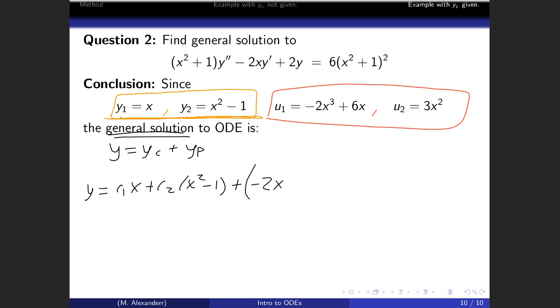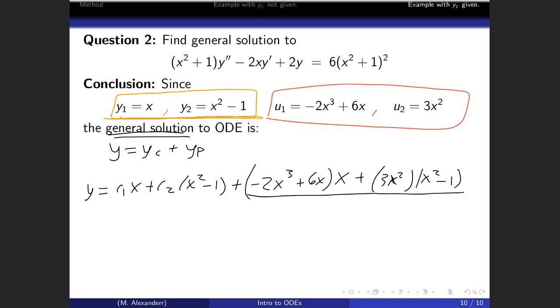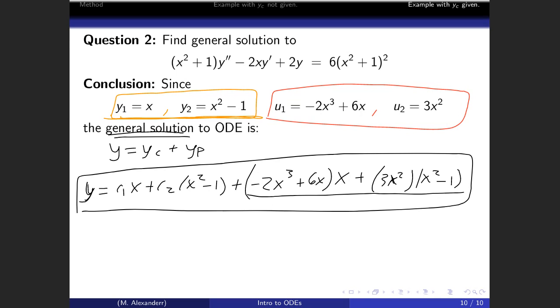Actually, it does simplify by a lot, but I won't simplify it. I want to just show you the big picture idea. So this is U1 multiplied by the Y1 plus the U2, which is 3x squared, multiplied by the Y2, which is x squared minus 1. This particular solution can be simplified by a lot, but I'll let you check that out. And that is the general solution to the differential equation.